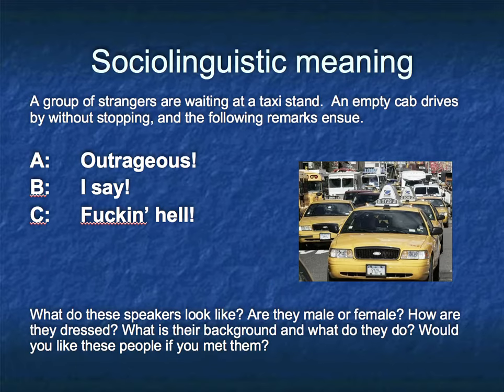What we know is that from the particular choice of language here, we make determinations about a person's gender, their socioeconomic status, their age, and education, and lots of other things. So the actual choice of words, of utterances, can also add a level of meaning. And this is all happening in context, and this is certainly on the level of the pragmatic meaning of language.